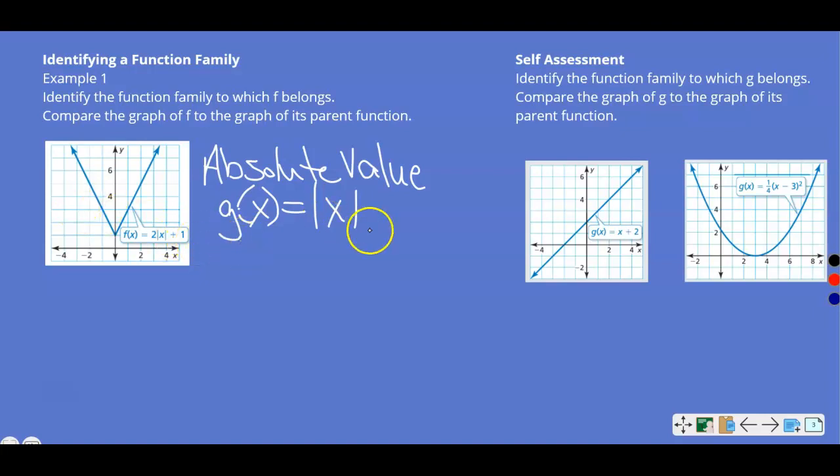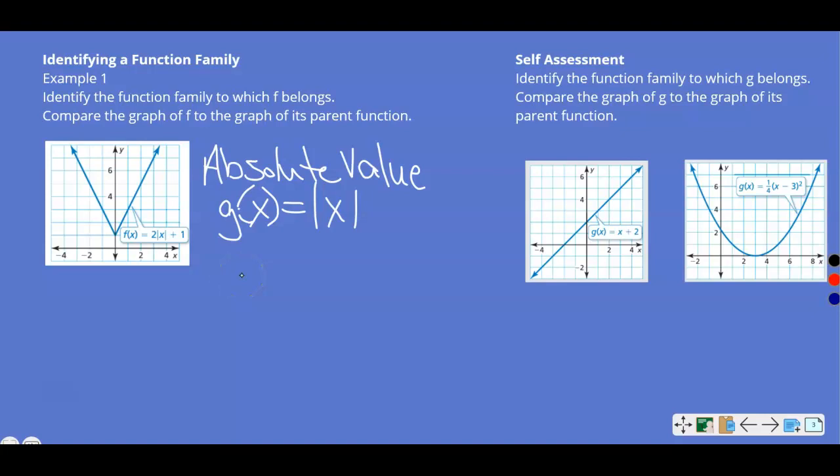G of x is the parent function, and f of x is the transformation. So the graph is shifted up and it's narrower. It's narrower because of the 2 that's multiplied by the absolute value of x, and it's shifted up 1 unit because of the plus 1.